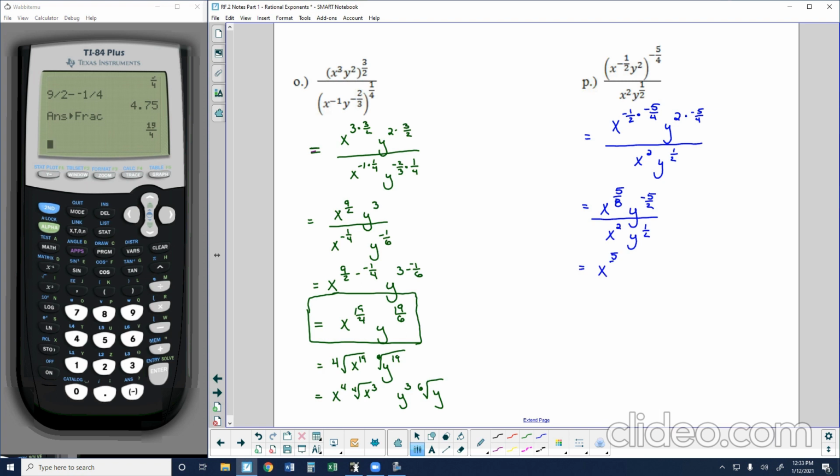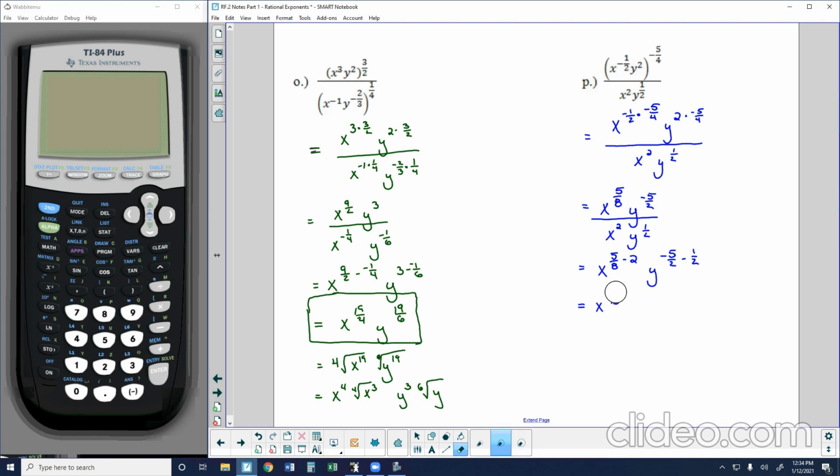So this would be x to the 5/8 power minus 2, and y to the negative 5/2 power minus 1/2. So this would give me 5/8 minus 2 would be x to the negative 11 over 16 power.